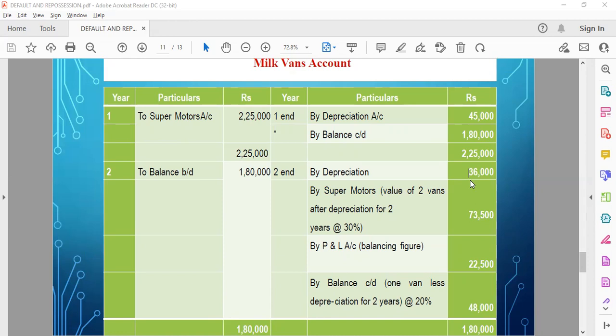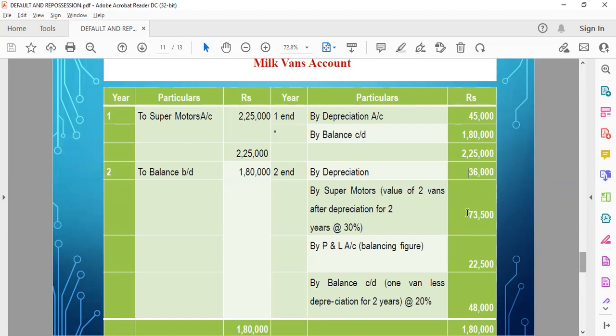So this 1,44,000, the company is going to pay for 3 vans, right? 3 vans are there, so we should calculate for only 2 vans. So 1,44,000 into 2 by 3. You will get 96,000.